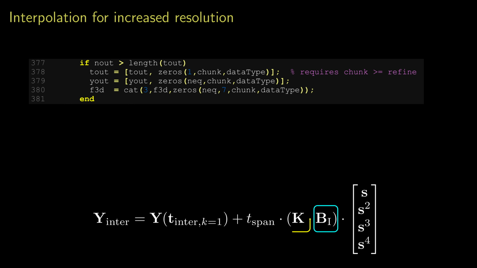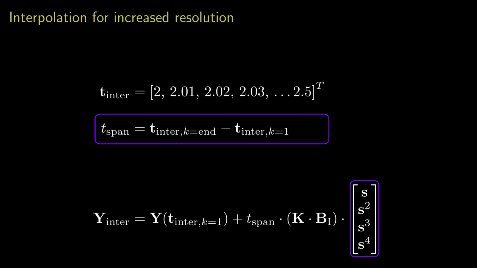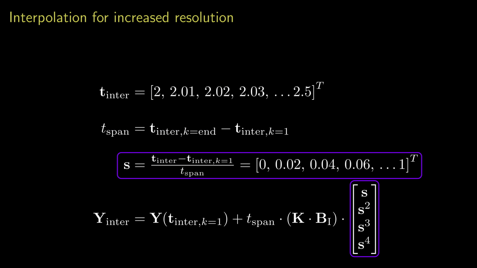Here in this matrix, Bi are weights that we have to multiply all of the k values with. And back here is the time span of the interval normalized to be 1. So if our time span for this interval is this up here, this value will just look like this.